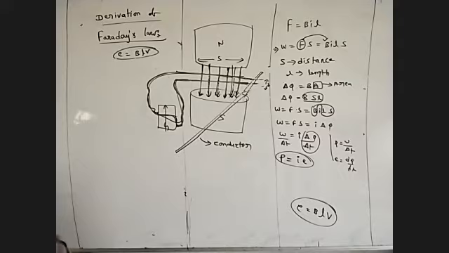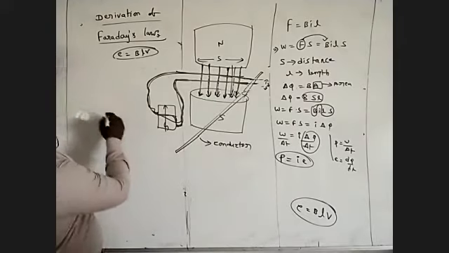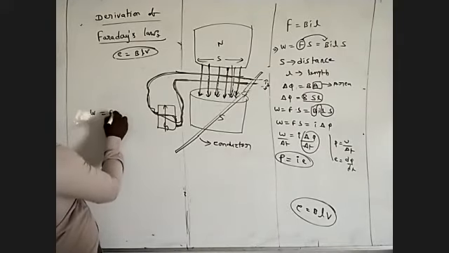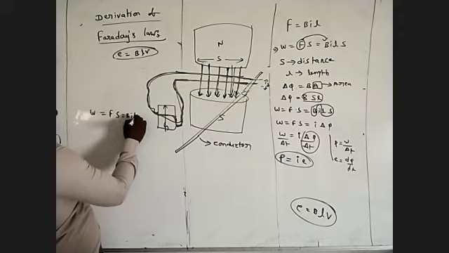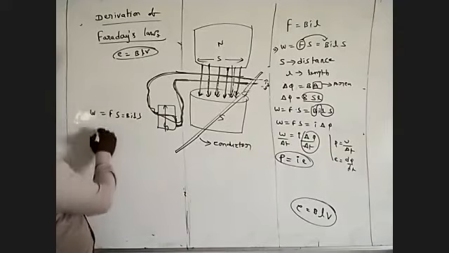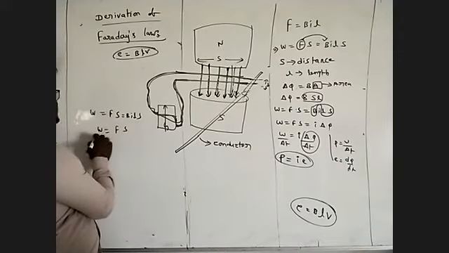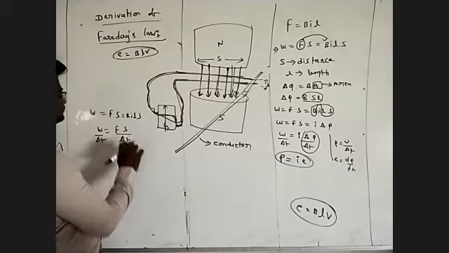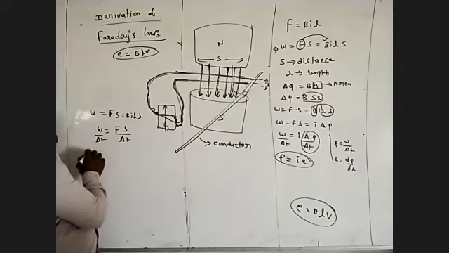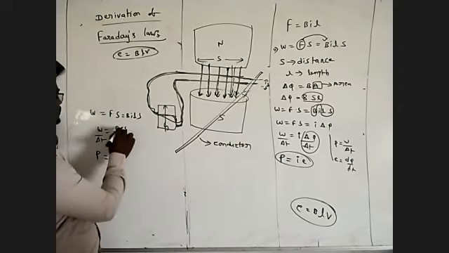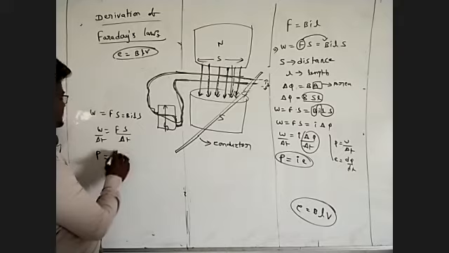Next, I'm taking W is equal to force into displacement, which is B I L S. Now I'm taking W is equal to F S, and dividing both by delta T. Now you can take power is equal to force into displacement by time.